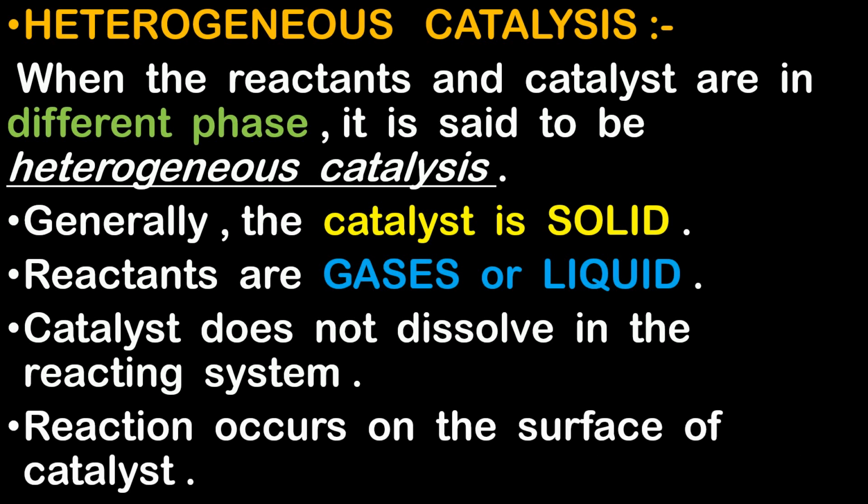And the most important point is that the reaction is going to happen on the surface of the catalyst. I'm telling you the general case: generally the catalyst is solid, and it is a fact that the reaction occurs on the surface of the catalyst.